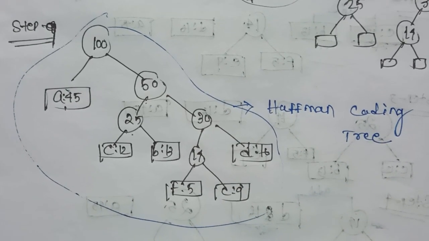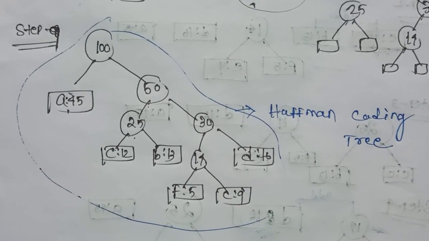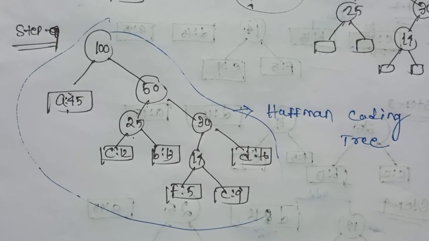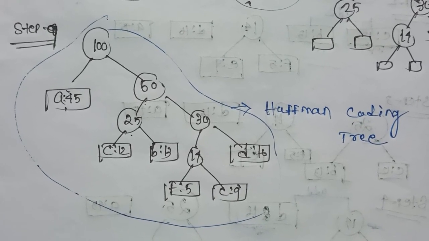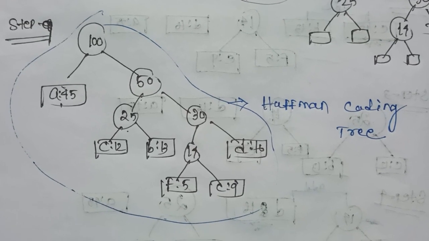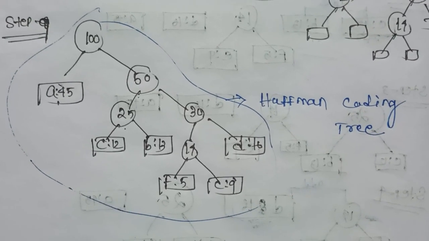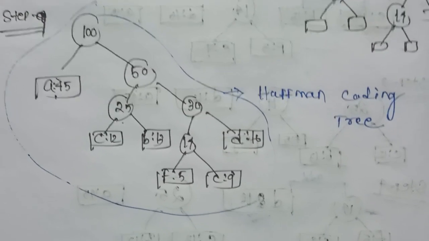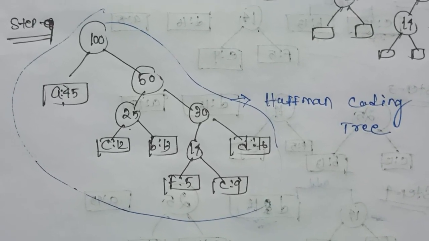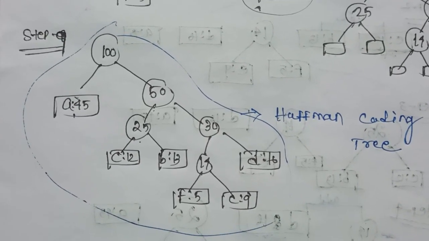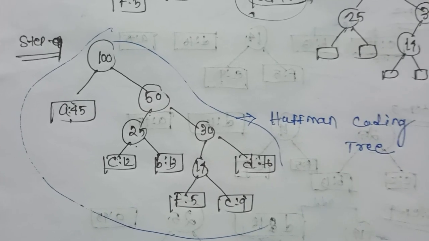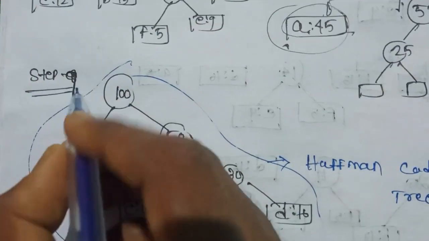So now what do we do? The question is asking for the total number of bits and the average number of bits per character. So how to find out? First we have to place 0 and 1 like that. I am doing it.